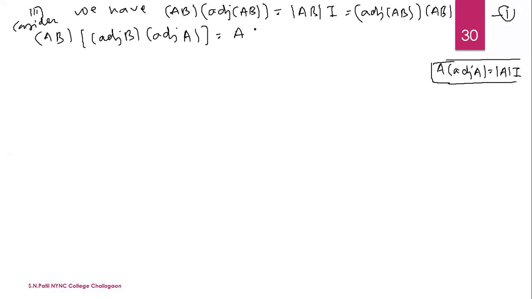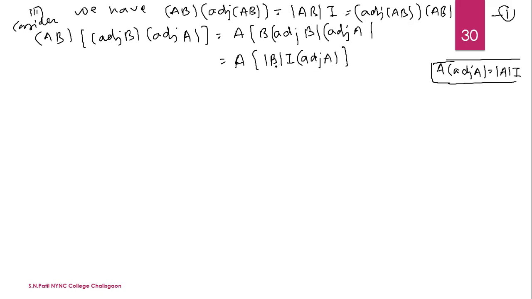Can we write this as A into B into adjoint of B into adjoint of A? Now from the relation A into adjoint of A, we can write determinant. So here we can write A into determinant of B into identity matrix from this relation. And what is the remaining term here? Adjoint of A. Now here determinant is a constant term.